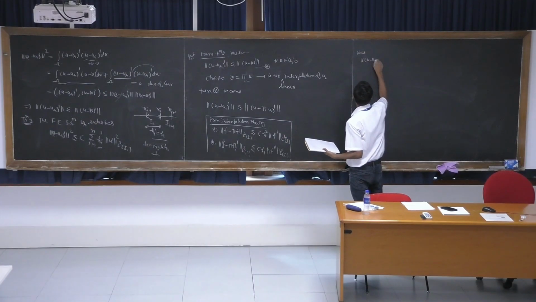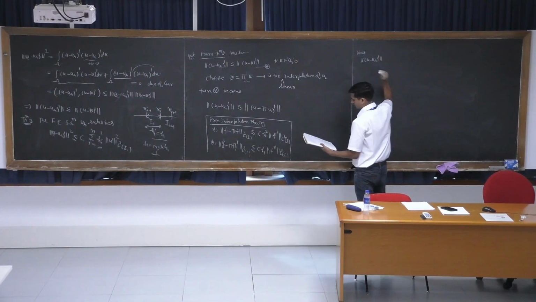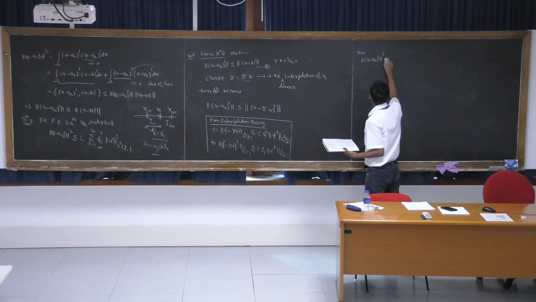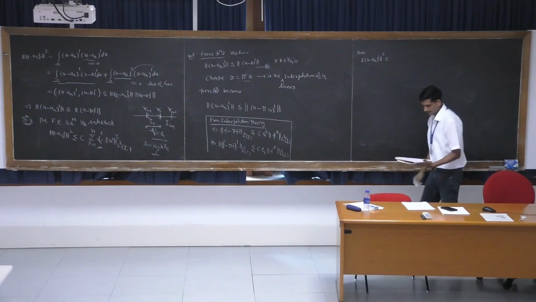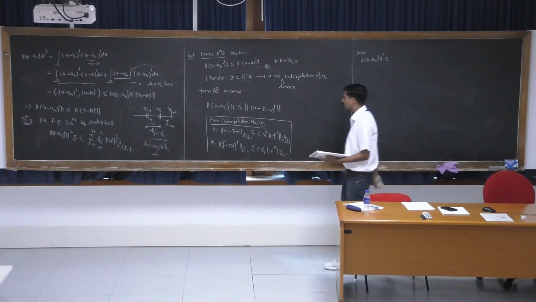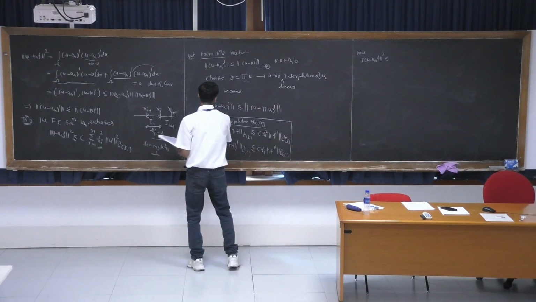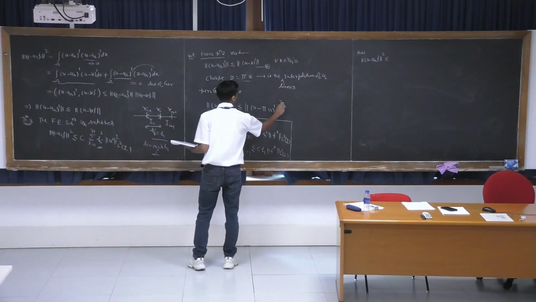U minus u_h dash square. This is less than or equal to, from here also, squaring both sides.